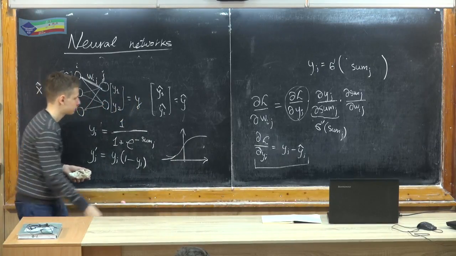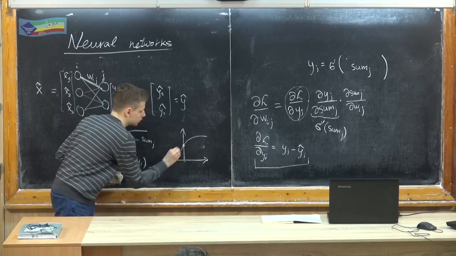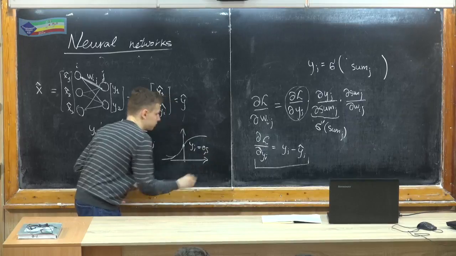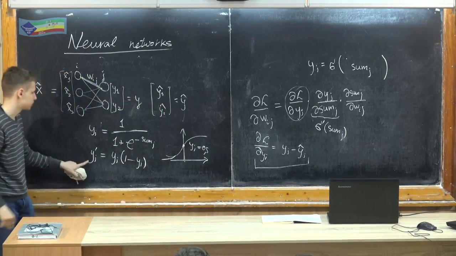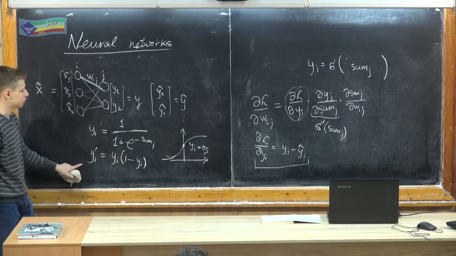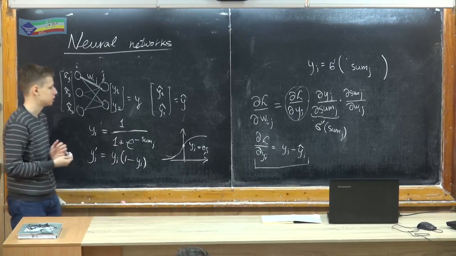But if yj is equal to 0.5, then this derivative reaches its maximum, and it's equal to 0.25.